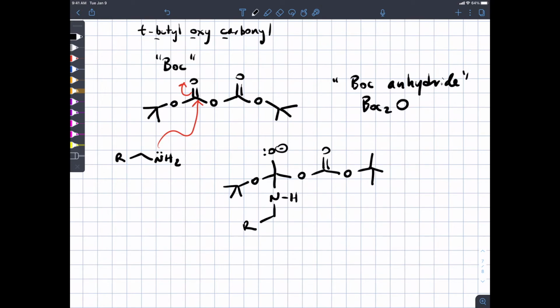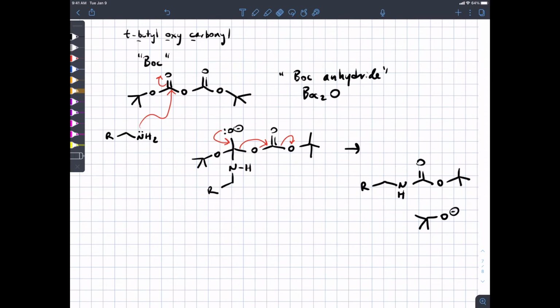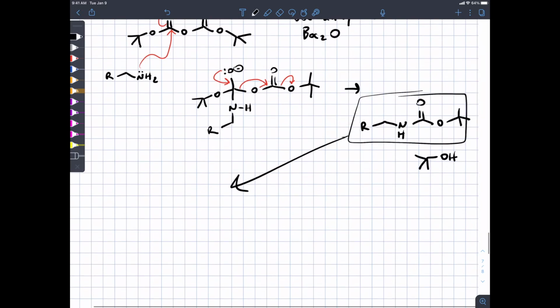When the electrons on that carbonyl oxygen kick down, the leaving group leaves and makes CO2, which bubbles off, and what you're left with is your amine that's now protected, and then a byproduct is tert-butoxide, which picks up a proton from somewhere, becomes tert-butanol, and you can evaporate that off or extract it away. And the relevant thing here is this BOC protected nitrogen, which we can abbreviate like this.